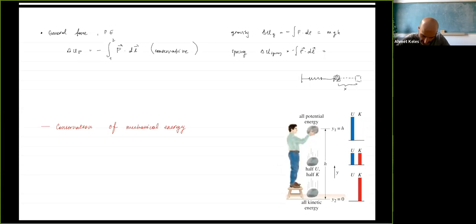We are calculating the work done on the block by the spring as you move, and force and displacement are opposite. This thing is minus, but since we introduced an overall minus, it's going to be plus. It's going to be 1/2 k x squared. I think we calculated this last week briefly: work done on an object by the spring.